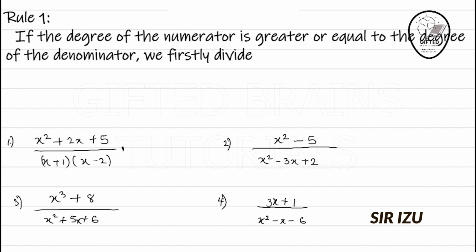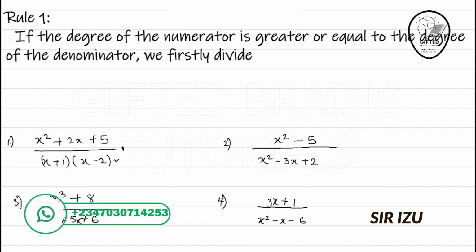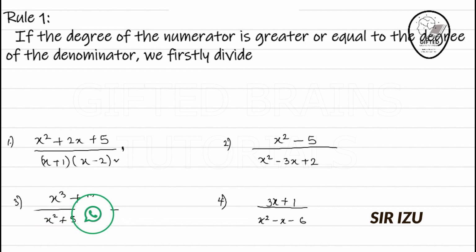And if you look at the denominator as well, if you expand this bracket, what you will finally have is something that has x raised to power 2, so it's of degree 2. And because the two of them are equal, you will have to divide. That's what the rule is saying. If the degree of the numerator is greater or equal, in this case it is equal, you will divide firstly.